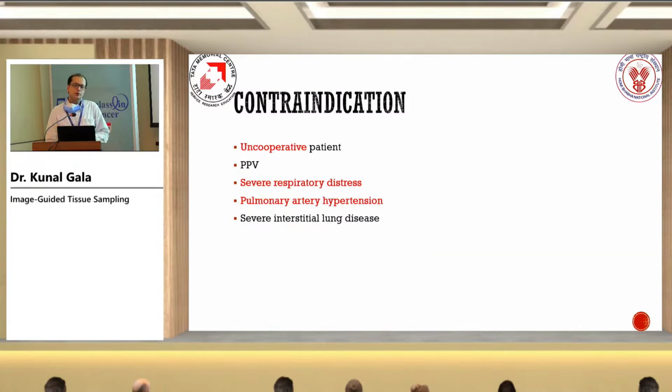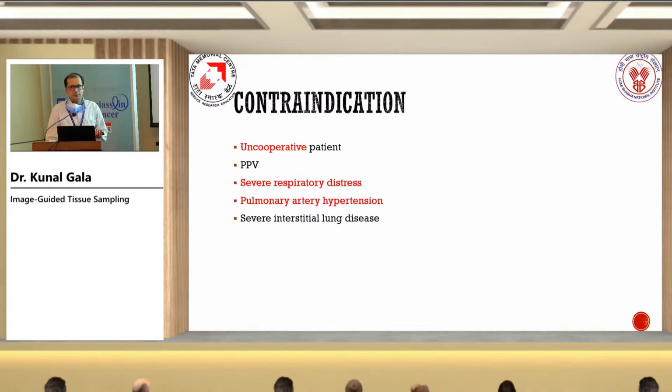So a contraindication for any image guided biopsy is when the patient is uncooperative, unresponsive, obviously it is very difficult to perform those kinds of biopsy. However, it can be performed under general anesthesia. When there is positive pressure ventilation, that is the time it is difficult to do biopsy because the pressure inside the lung increases.